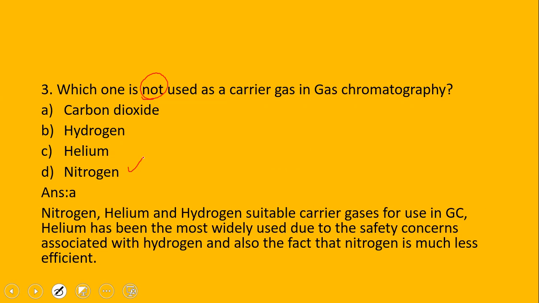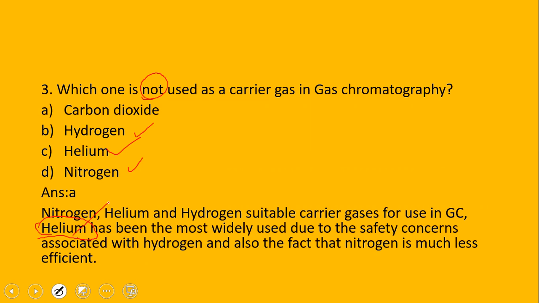Nitrogen, helium, hydrogen. These are carrier gases used in gas chromatography. Because of the safety concerns, hydrogen is not commonly used. Of nitrogen, hydrogen and helium, helium is most commonly used.